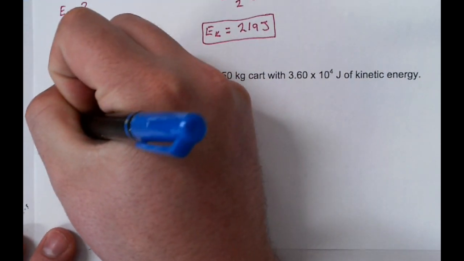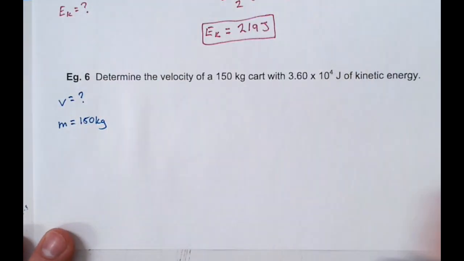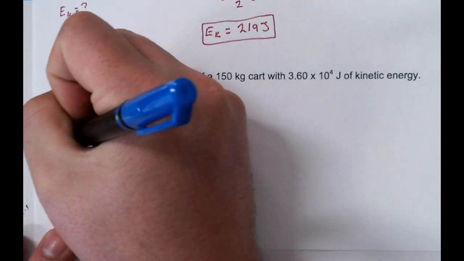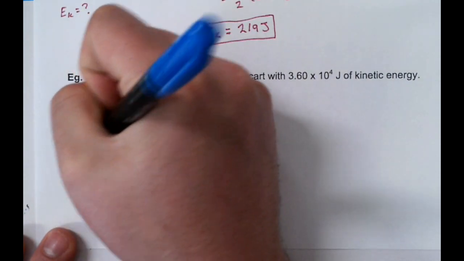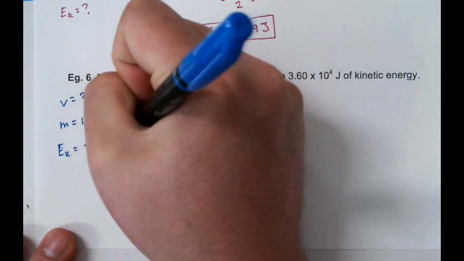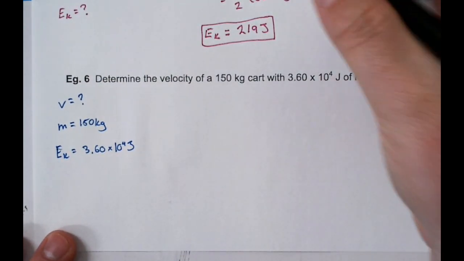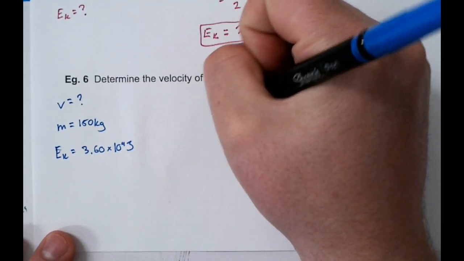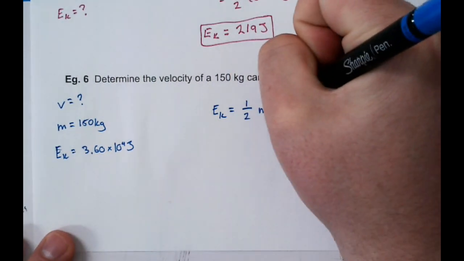We know the mass is 150 kilograms, and we know that the kinetic energy is equal to 3.60 times 10 to the 4 joules. So using our formula, kinetic energy is equal to 1/2 mv squared.